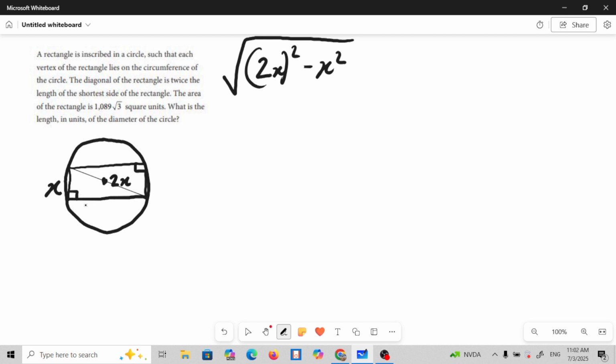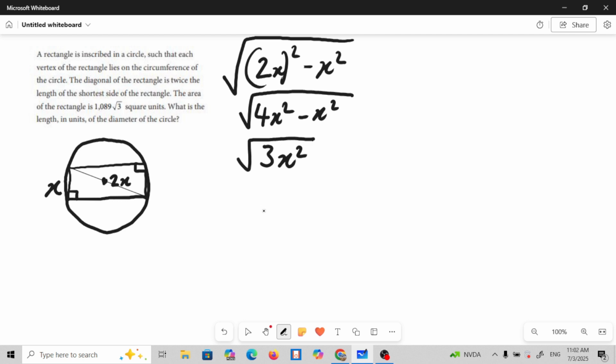That is what we have written over here, and then we continue down here. We have the square root of 4x squared minus x squared, which is the square root of 3x squared, which is equal to the square root of x squared, which is x, multiplied by the square root of 3. So that is going to be equal to this particular side length right here.